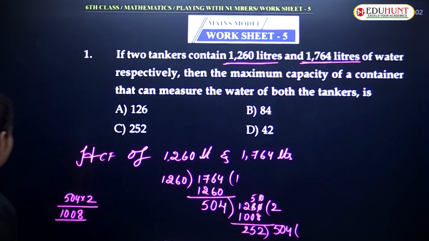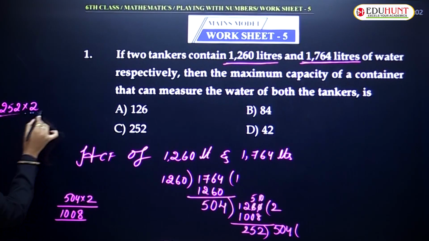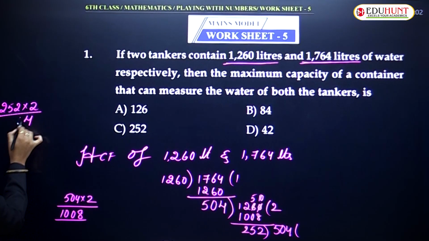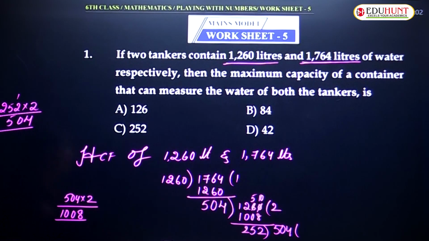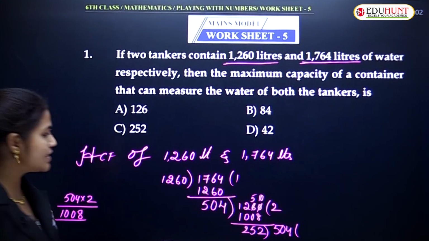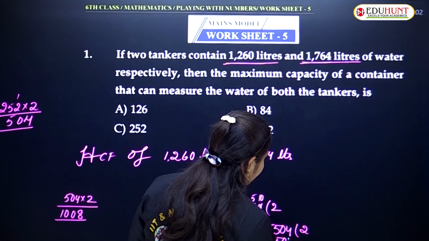Once see here, 252 into 2, how much will you get? 2 2s 4, 2 5s 10, 2 2s 4 plus 1 is 5. So we got 504. That's why 252 into 2 equals 504.